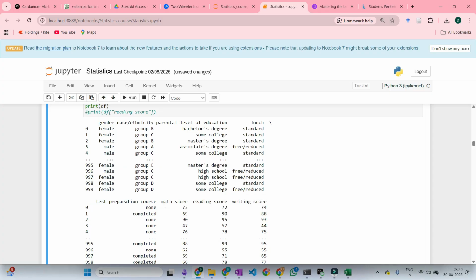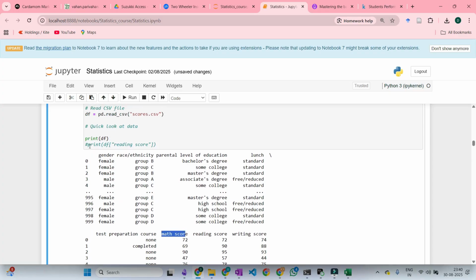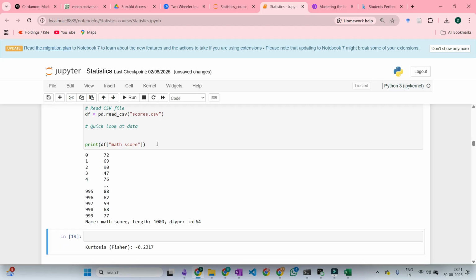This column is the math score. So I will take only the math score. If I give the column name, I will get only that column. Now I don't want the df to be printed, just the math score. See, I have extracted these values like 72, 69, 90, 47, 46, etc. So this is the first step. That means I can extract the data.